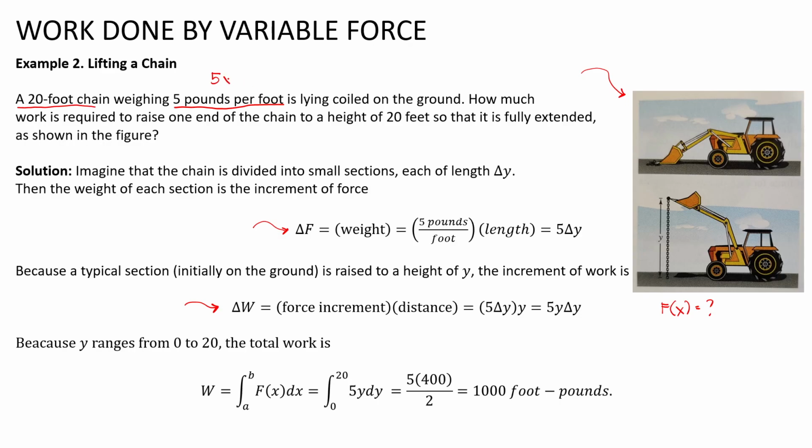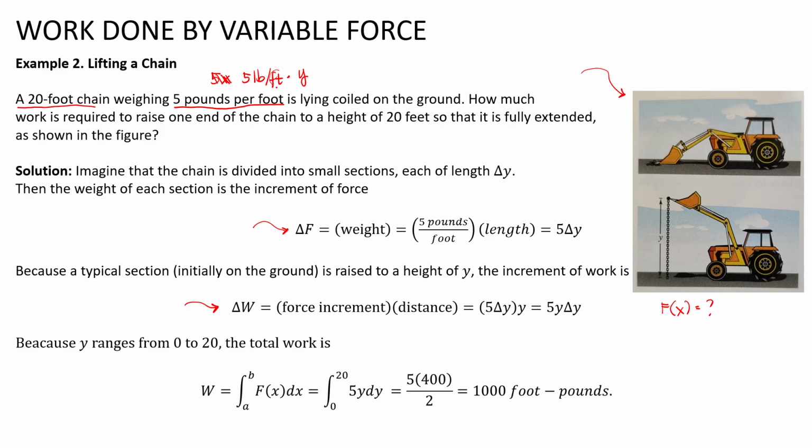I can just make it as x, or in this case, since we are lifting, this will be y. So 5 pounds per foot, I'm going to multiply this with an unknown distance y, so that I can get the force, right?